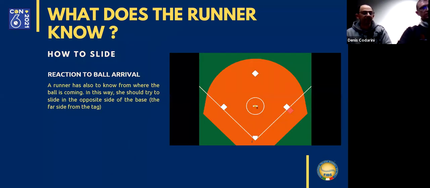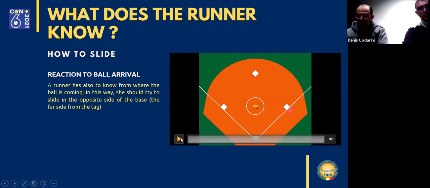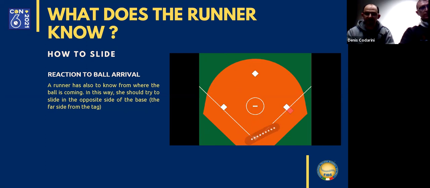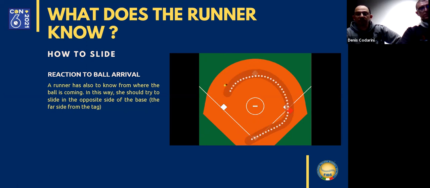In this last animation, we will see an example of when the ball and runner arrive at the same time at third base. Running towards third base and touching it safely requires a different approach from how first and second base were touched in this particular example.